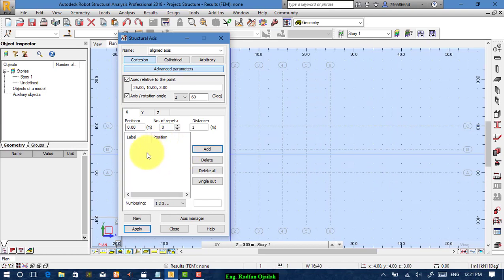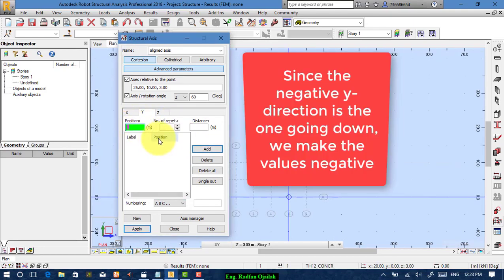And start modeling, inserting the coordinates of that grid lines. So on the x-axis, the same thing, 5 and 5, and numbering like that. Add. On the y-axis, we have number of bays as 2, and the distance.